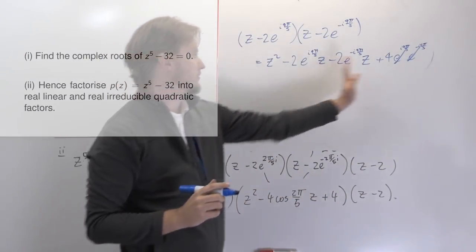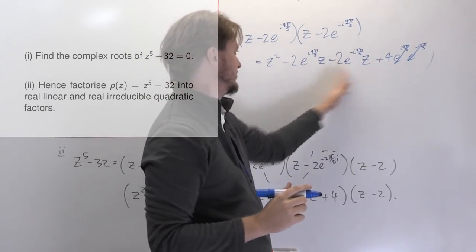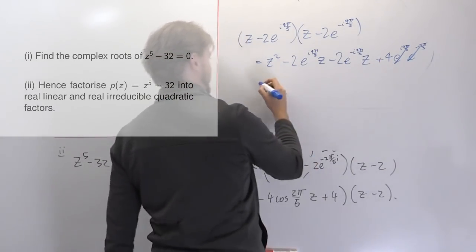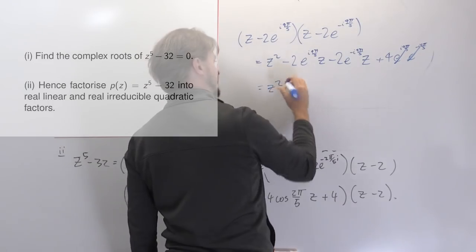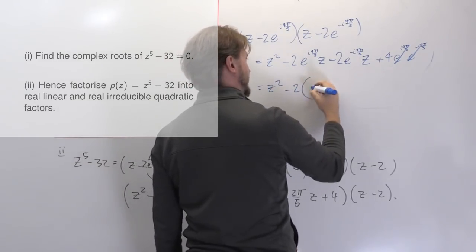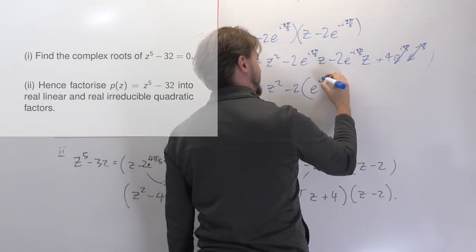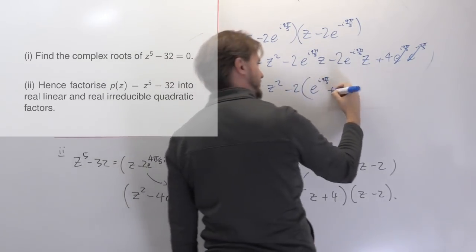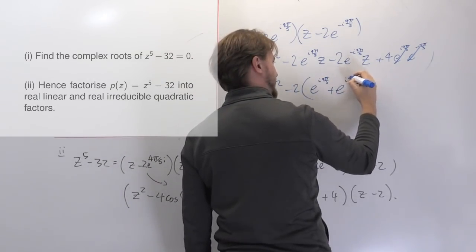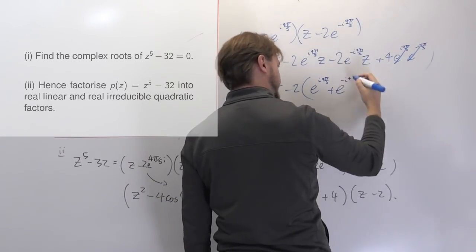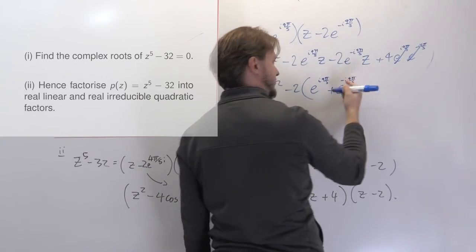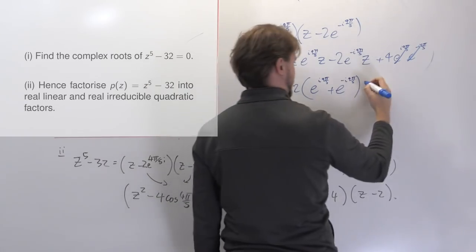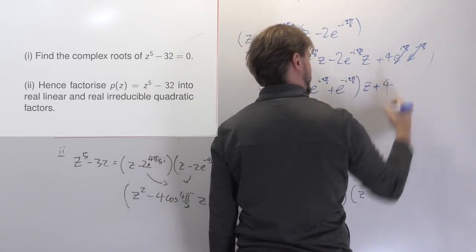Alright, so that's nice. Let's collect these middle terms up to give us z squared minus 2 with an e to the i 4 pi on 5, being very careful with the sign, plus e to the minus i 4 pi on 5, z, and that plus 4.